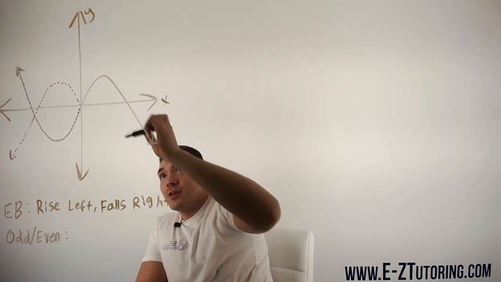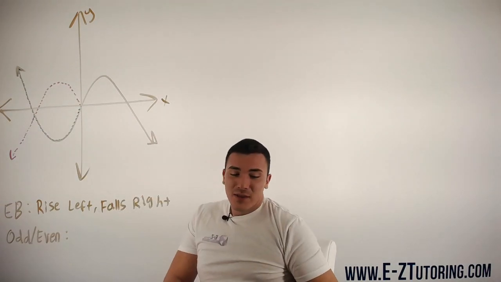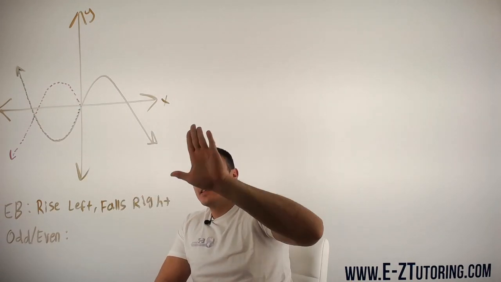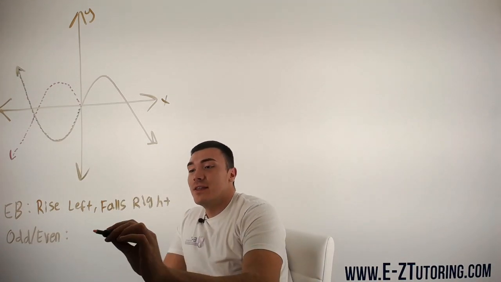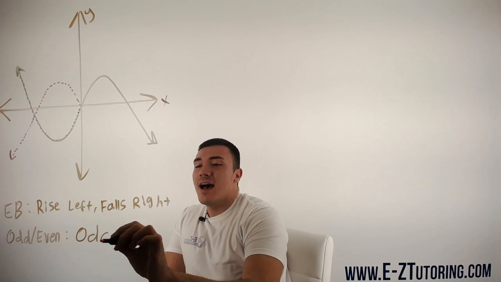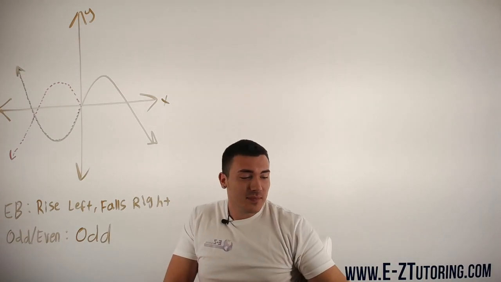And this image looks exactly like what was already there. So since we flipped it about the y-axis and x-axis and we got the same thing, therefore this function is an odd function. And that's how you can tell just by looking at the graph.